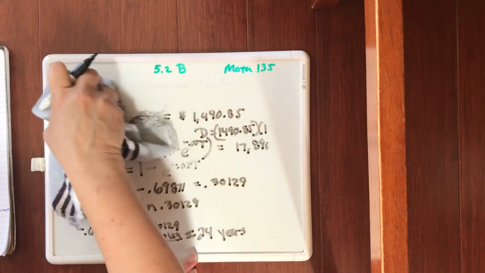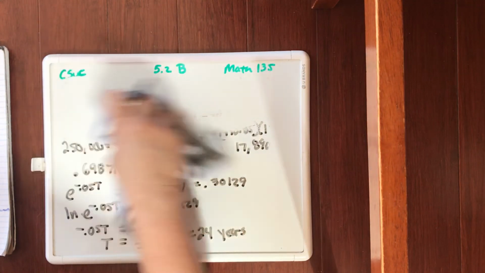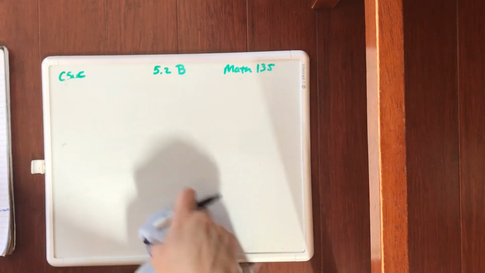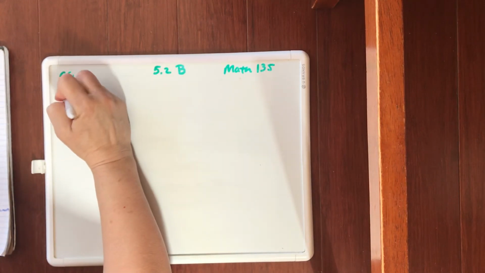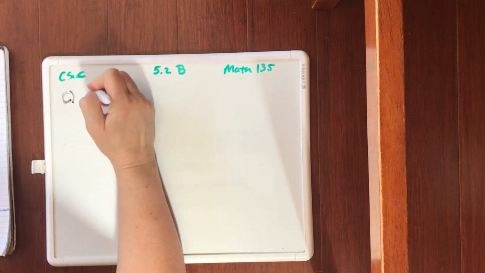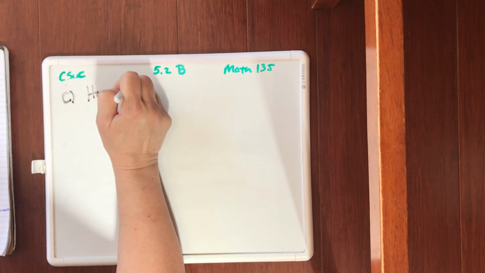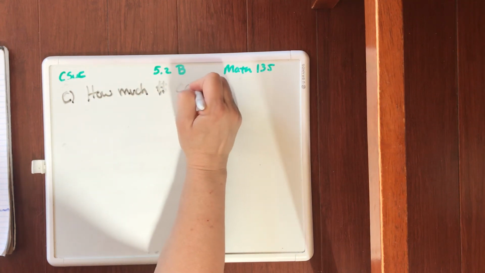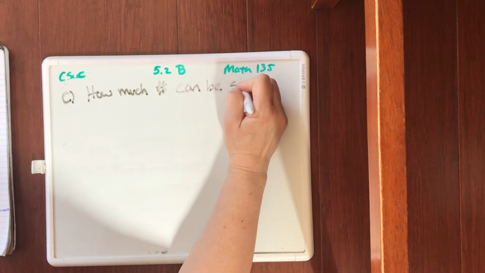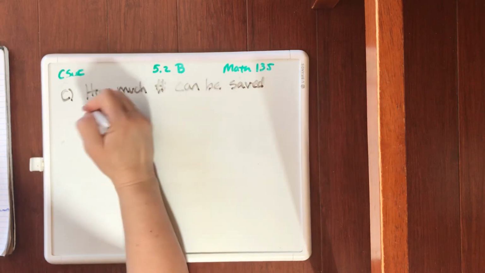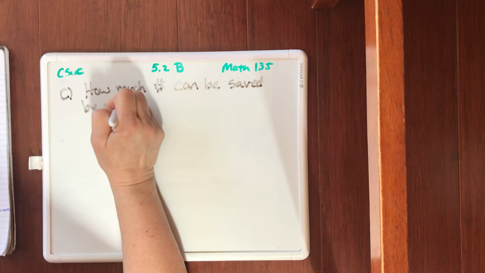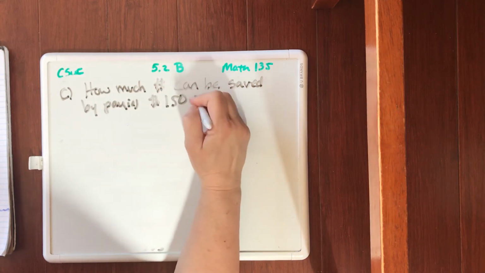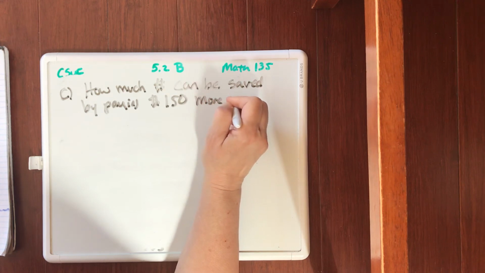One last part to this question, and then I'll go ahead and give you your homework. Now we're on part C, and part C is how much money can be saved by paying $150 more a month.